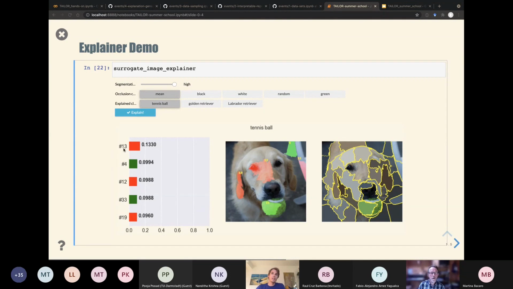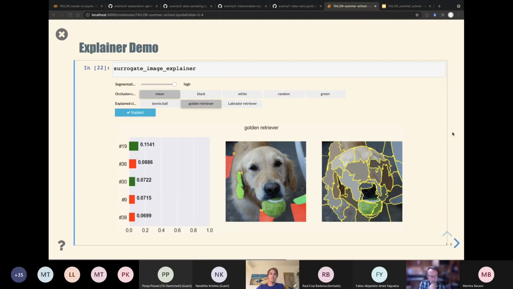So it would decrease the probabilistic prediction of our black box if segment number 13 is present, whereas adding segment number 23, which is this part of the ball, would increase the probabilistic prediction of the tennis ball. So here we explain each class individually. For example, if I change to golden retriever, then we train our surrogate on the probabilistic predictions for golden retriever for our random sample.